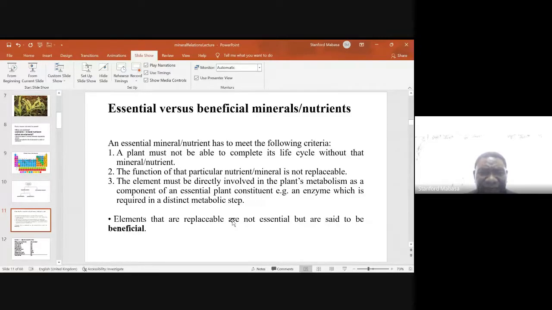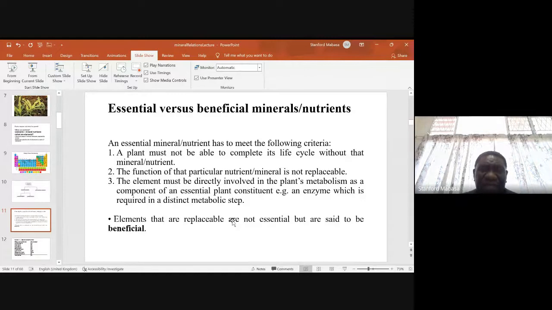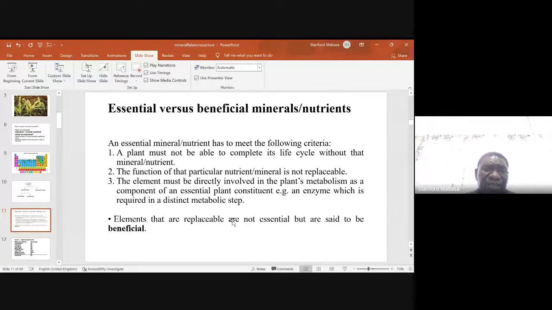The third issue is that the element must be directly involved in a plant's metabolism as a component of an essential plant constituent, for example, an enzyme which is required in a distinct metabolic step. So what we call an essential nutrient or mineral should satisfy those three things.